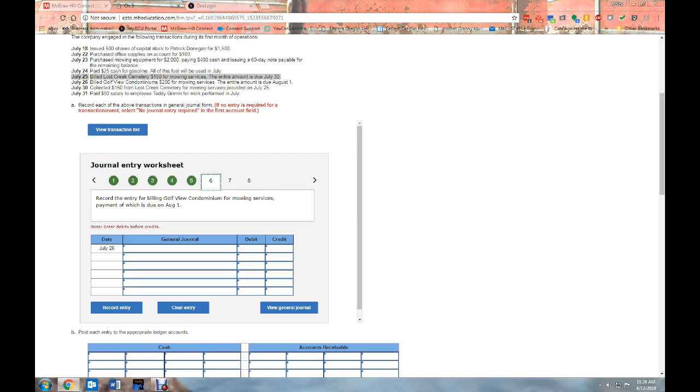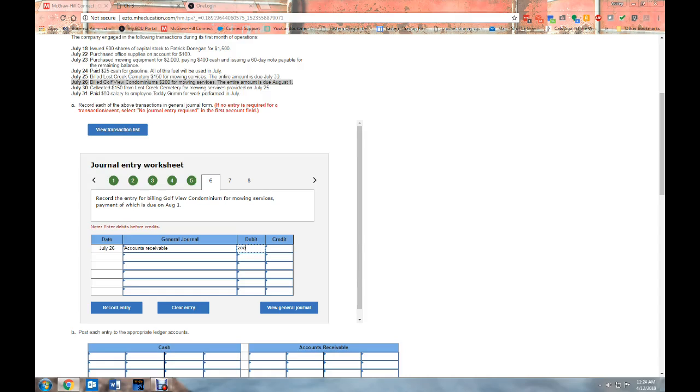All right, July 26th. We billed Gulfview Condominiums $200 for mowing services. The entire amount is due August 1st. Frankly, this one's exactly the same. Gulfview Condominiums has promised to pay us in the future, therefore it's an account receivable.